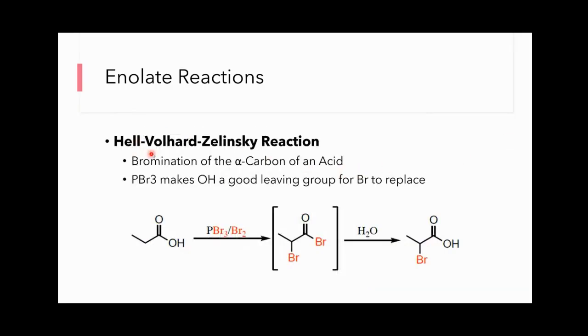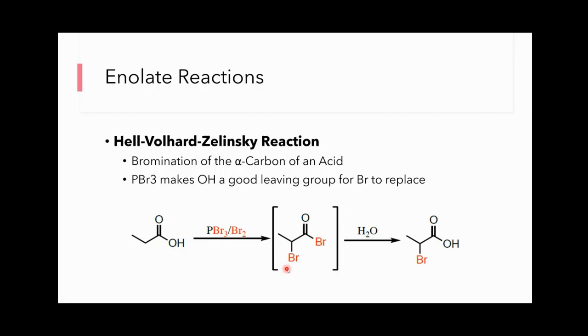Another reaction is the HVZ, or Hell-Volhard-Zelinsky reaction. It's when you react with PBr3. Here, the PBr3 actually makes this into a good leaving group. So it will turn this into an OPBr2, and that makes a good leaving group for bromine to do an SN2 attack and form this.